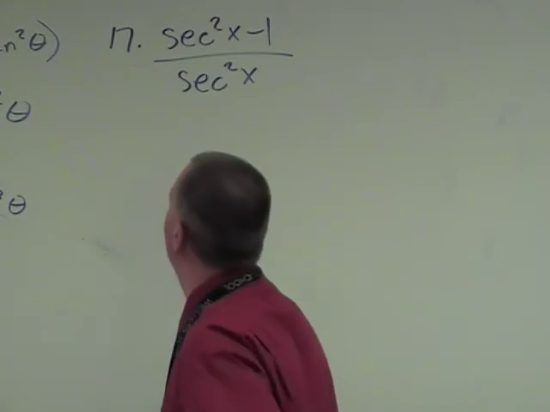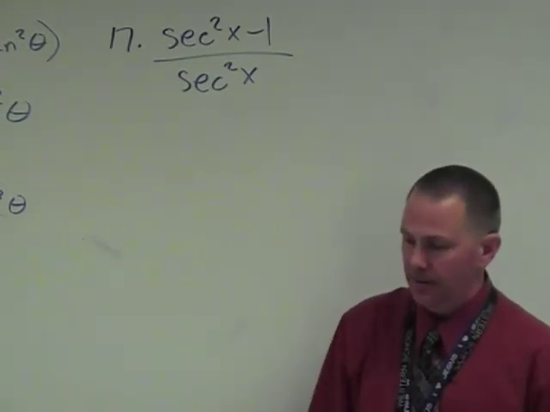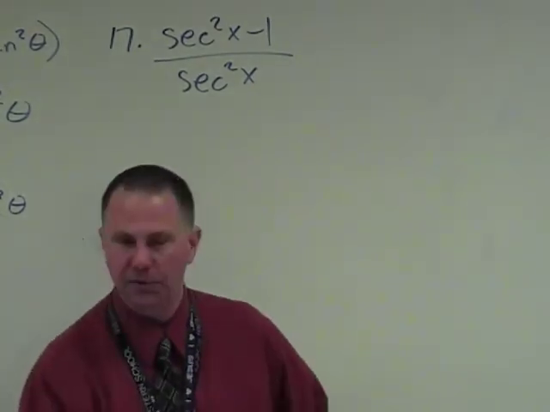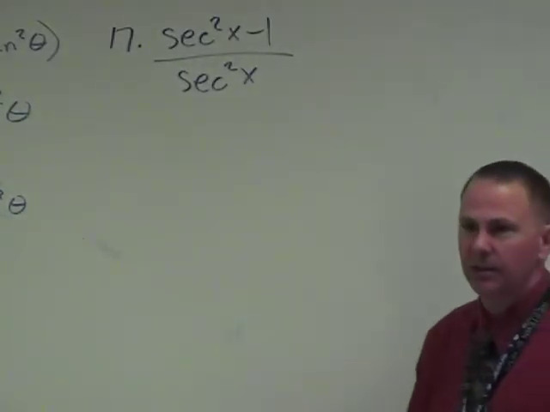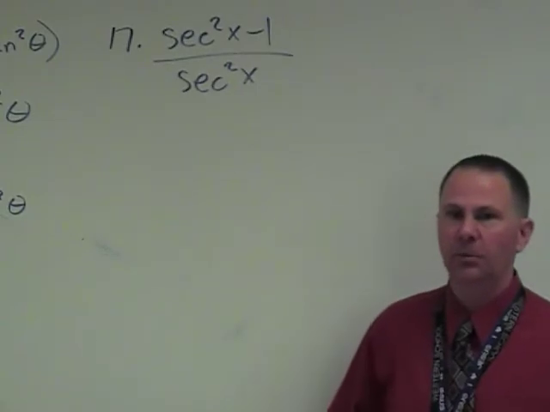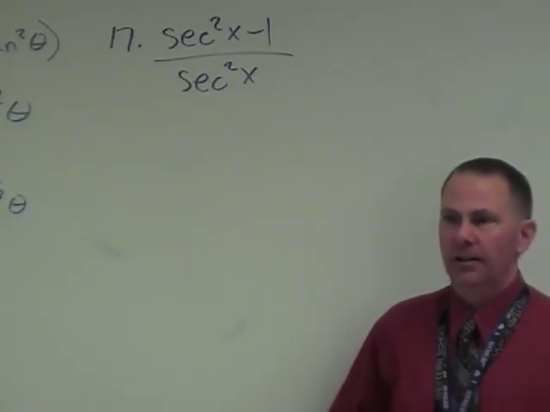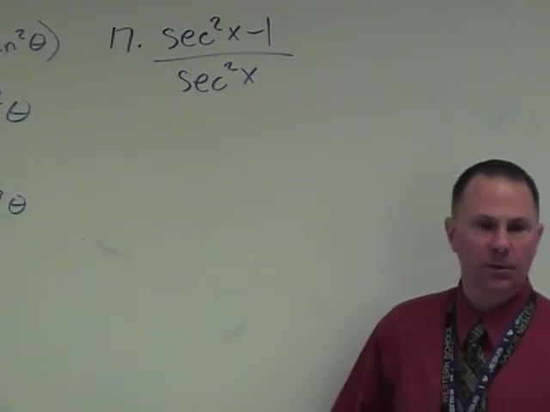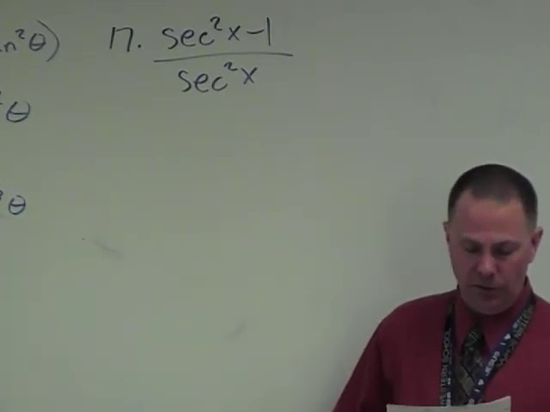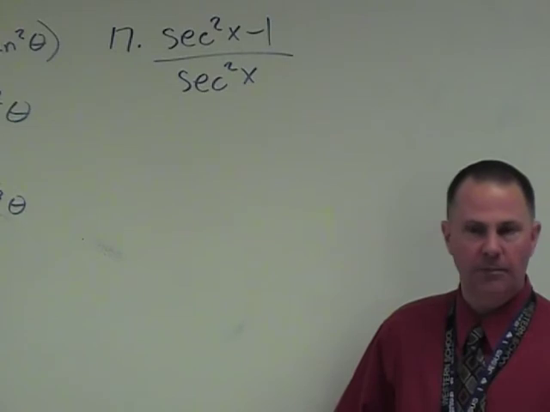Put it in terms of sine and cosine, and simplify. Notice there's no equal signs here, so you're not solving, you're just manipulating. As you're working on it, anybody want to tell me what they think we should do first? There's an obvious one there.